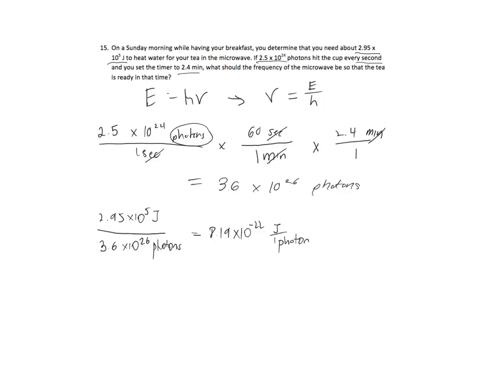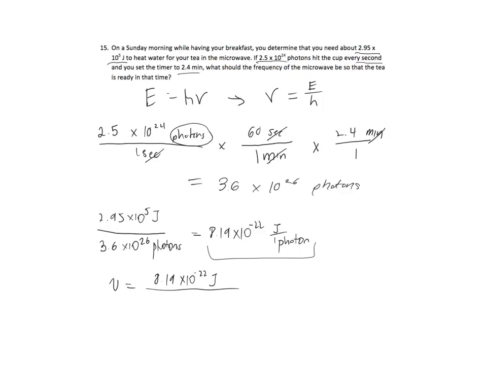Now we can go back to our energy relationship with the frequency and plug in the values. So our nu equals this energy per one photon, which is 8.19 times 10 to the negative 22 joules, divided by Planck's constant.